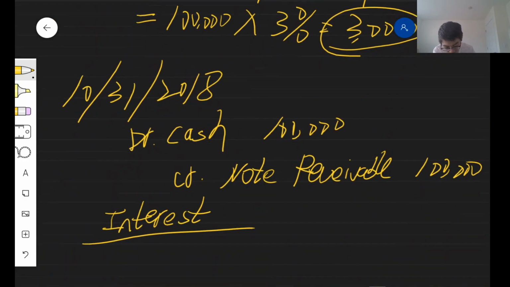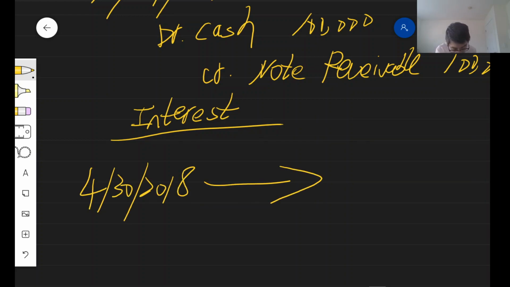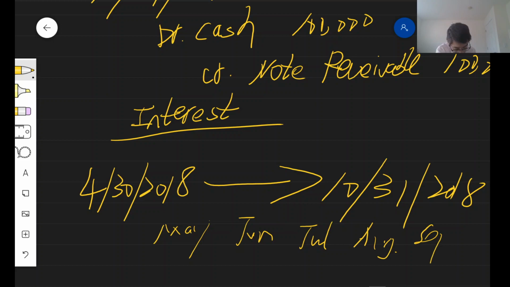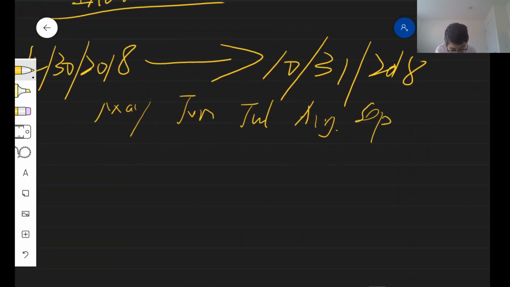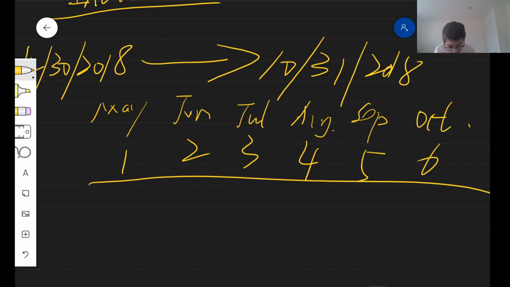So from April 30th, 2018 to October 31st, 2018, how many months are here? We have May, June, July, August, September, and October. So 1, 2, 3, 4, 5, 6. 6 months.